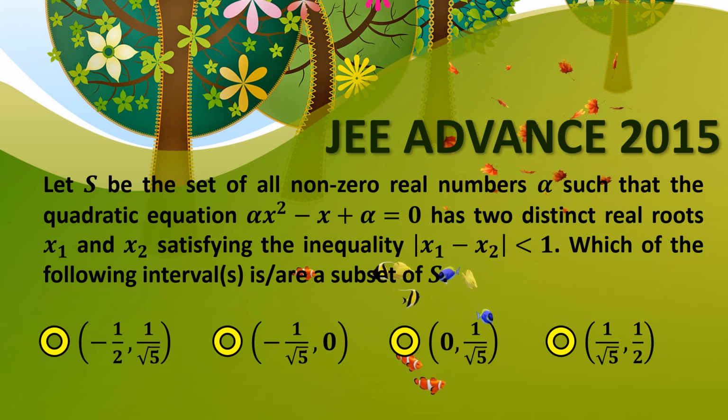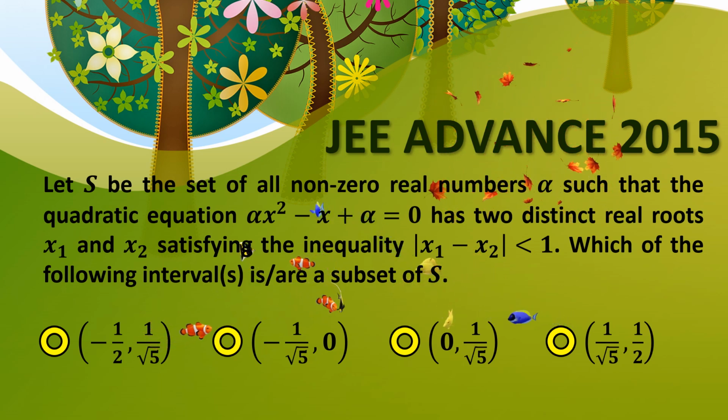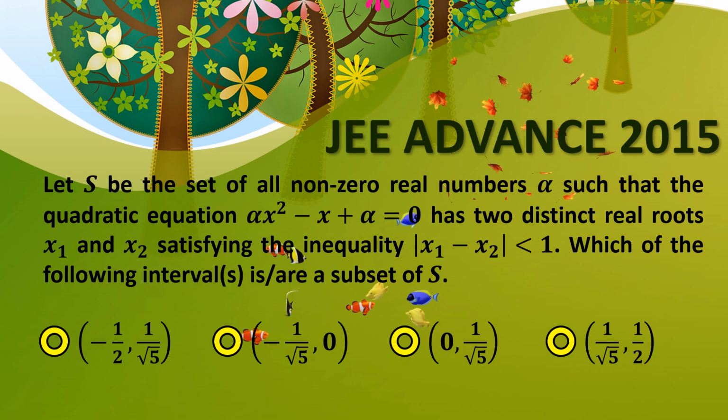In this video, we're going to solve a problem which appeared in JEE Advanced 2015. It's given that we have a set S, the set of all non-zero real numbers alpha such that the quadratic equation alpha x square minus x plus alpha equal to 0 has two distinct real roots, x1 and x2, which satisfy the inequality mod of x1 minus x2 is less than 1.